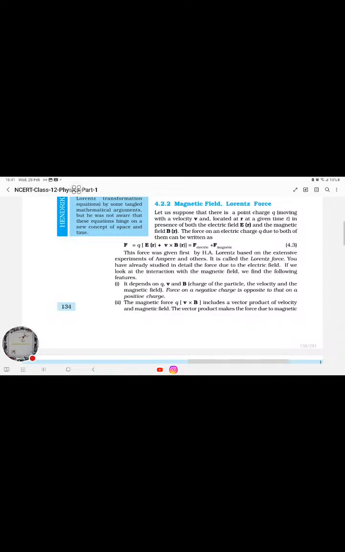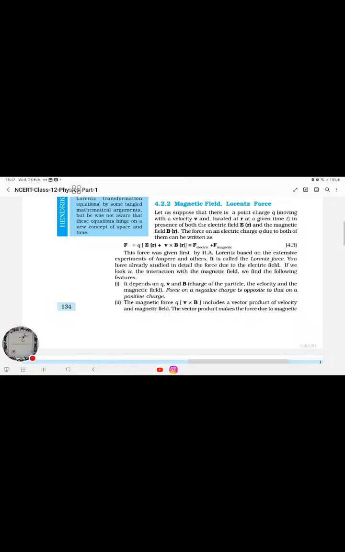That is why we have incorporated the velocity as well. This was first given by Lorentz based on the extensive experiments of Ampere, and it is called the Lorentz force. So the Lorentz force on an electric charge q due to both electric and magnetic fields is qE plus q times v cross B.